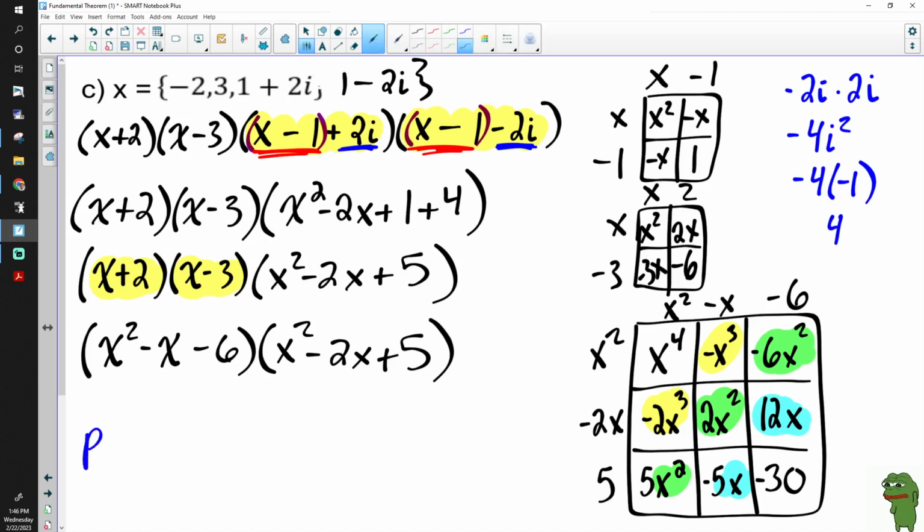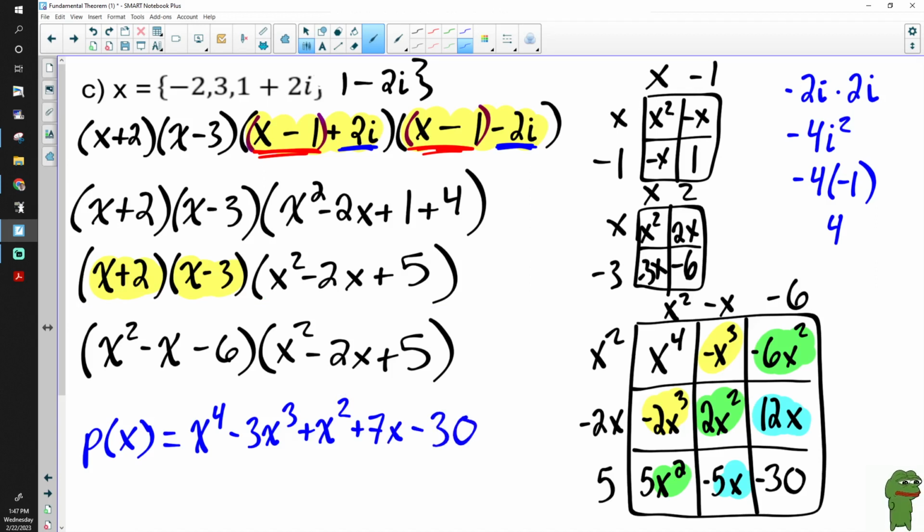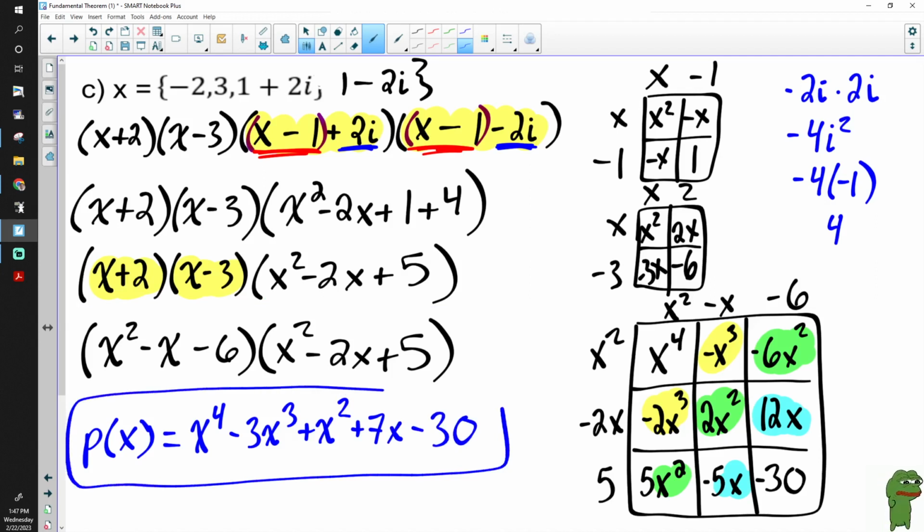My polynomial p of x is going to be x to the 4th minus 3x to the 3rd, adding those yellows, 5 plus 2 minus 6 is 1, plus x squared plus 7x, and then finally minus 30. Here is our polynomial with all of those factors. That is the fundamental theorem of algebra.